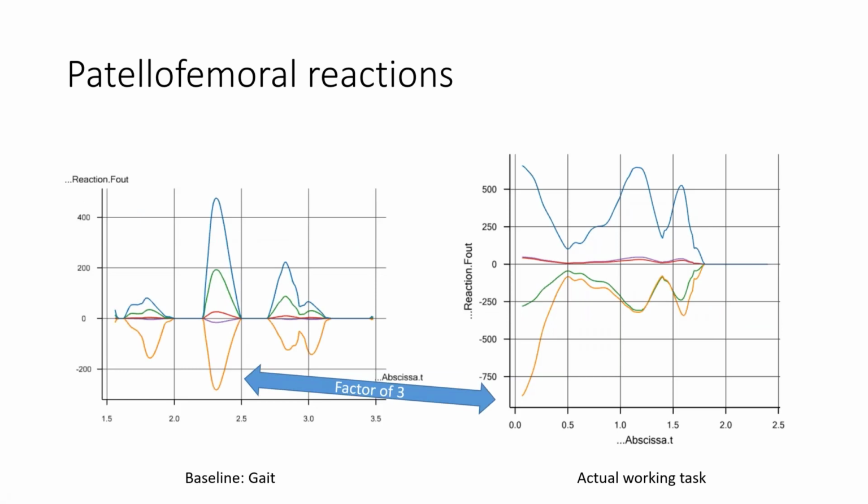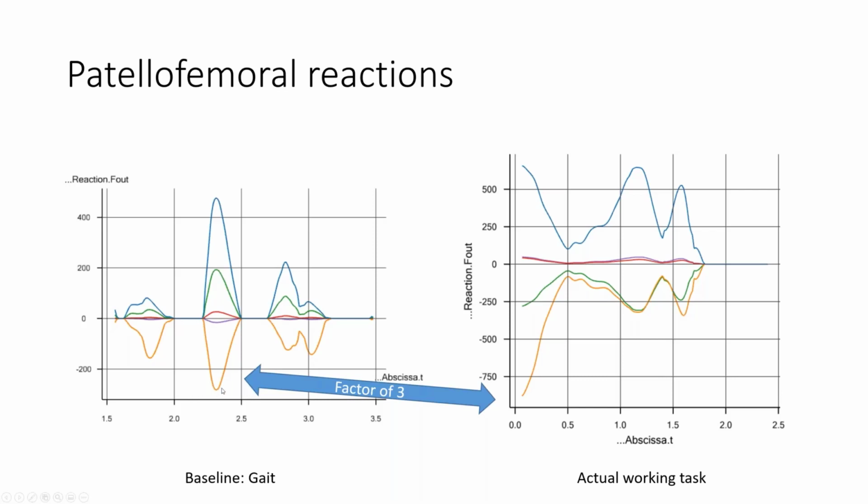However, if we look at a different knee force, if we look at the forces between the patella and the femur, then that's a different story. This is the force that is generated because of the pull of the quadriceps on the patella on one side, and the pull of the patella ligament on the patella on the other side. And for gait, we get a picture like this over here on the left-hand side. Again, you should focus on the negative numbers. It's the orange curve here that is the interesting one, because this is the compression of the patella against the femur.